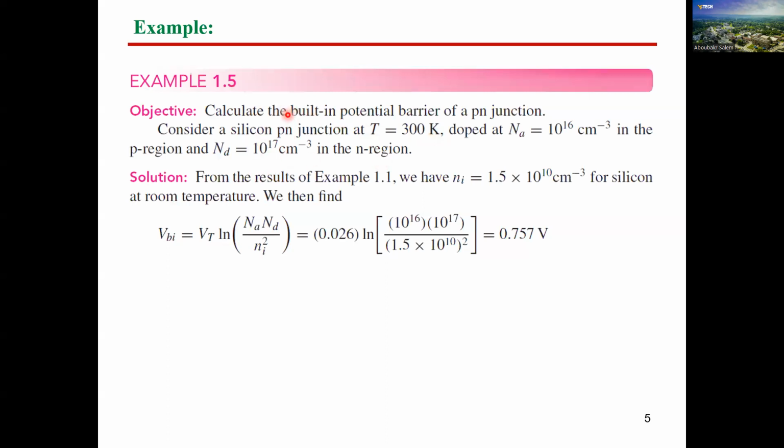We need to calculate the barrier voltage. Simply we can substitute in our relation. Vt is 0.026, and we have the concentrations. When we calculate the barrier of this material, it's going to be 0.757 volt.